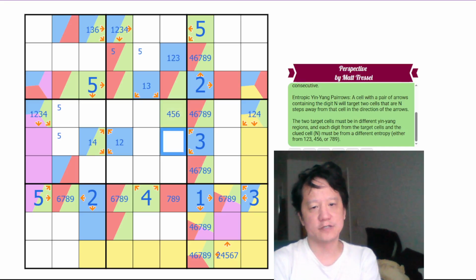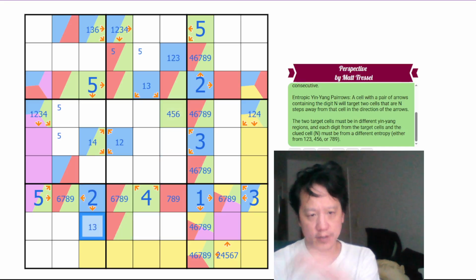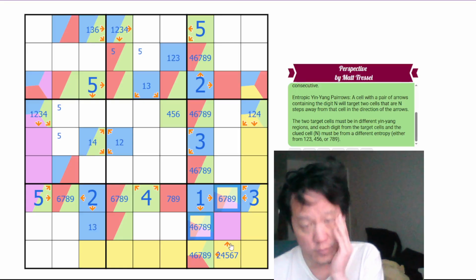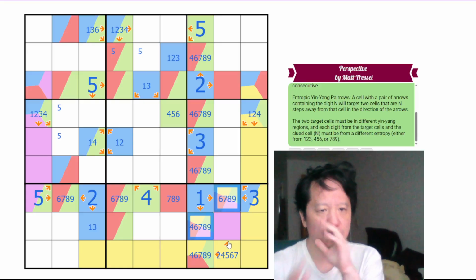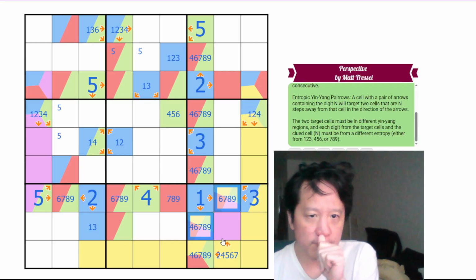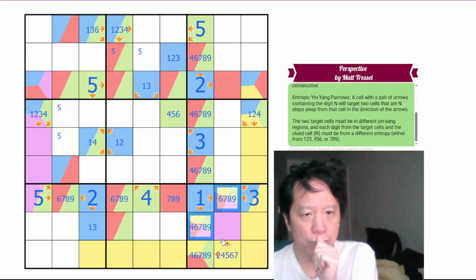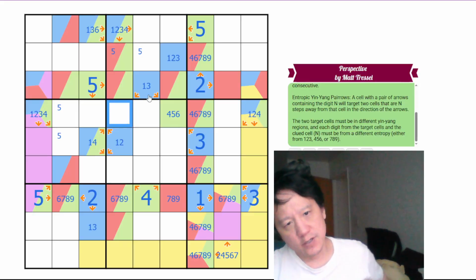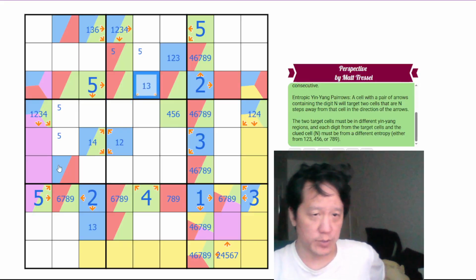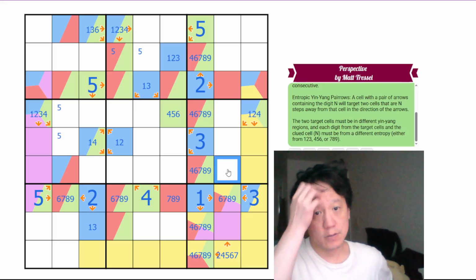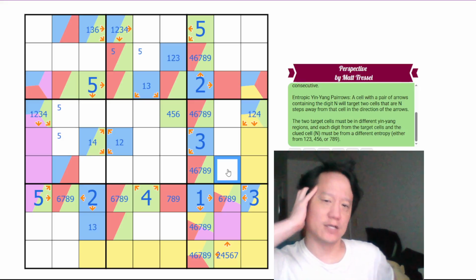We have 4, 5, 6 here. We have 1 or 3 there. These are different sets. We don't know which. If this is 1, this is green and that's red. If this is 3, this has to be red and that's green. But that doesn't really tell us very much right now.